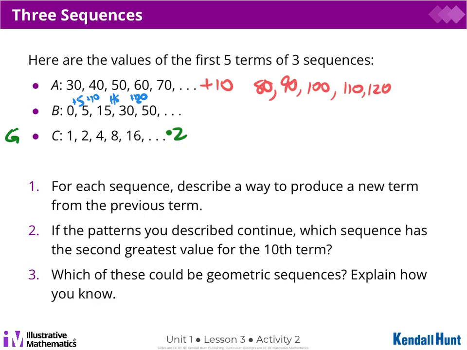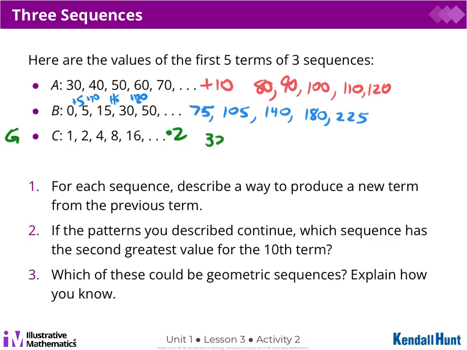For the next one, we go plus 25 is 75, plus 30 is 105, plus 35, plus 40, plus 45. That's 5 more terms.